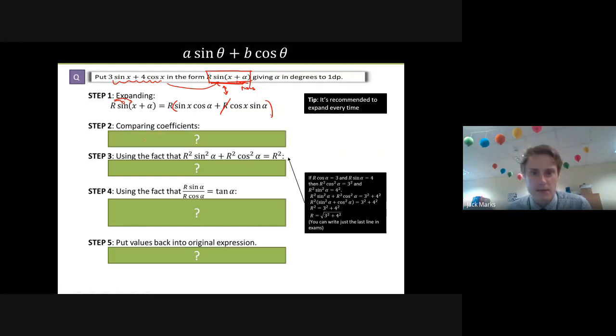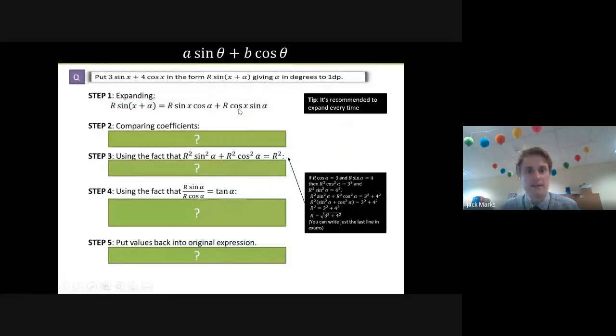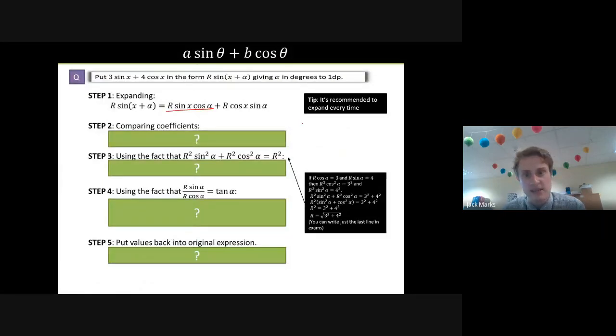Let's sort of write this out again. I'm going to rewrite this as r cos alpha times sine x, and you're going to see why in just a second.